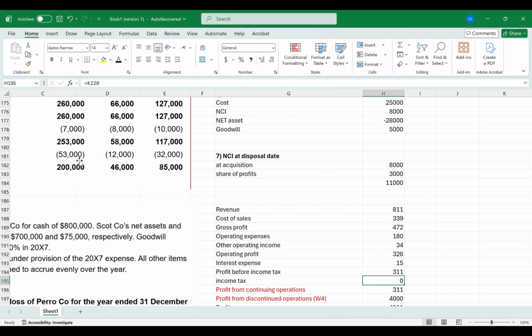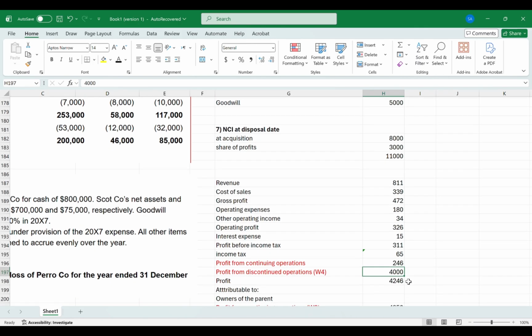Then I will have my income tax, which is 53 and 12. Then I get this minus the income tax, which is 246,000. So my profit from continuing operations is 246,000.